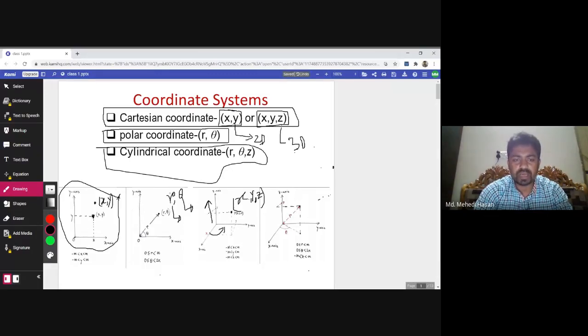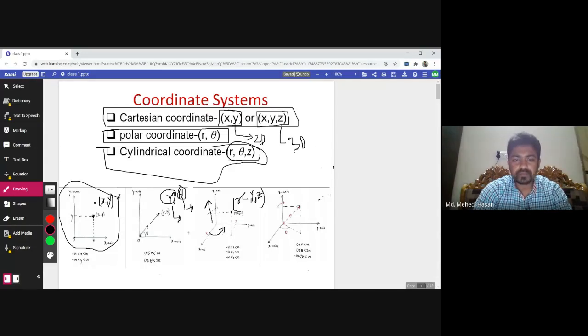The cylindrical coordinate system is r, theta, and z, which is a three-dimensional coordinate system. We will explain the Cartesian and polar coordinate systems in detail later.